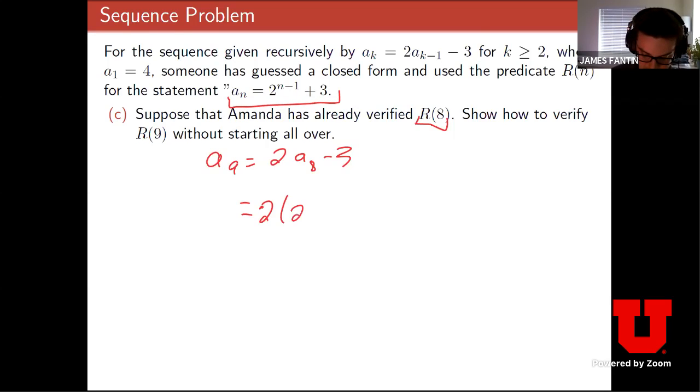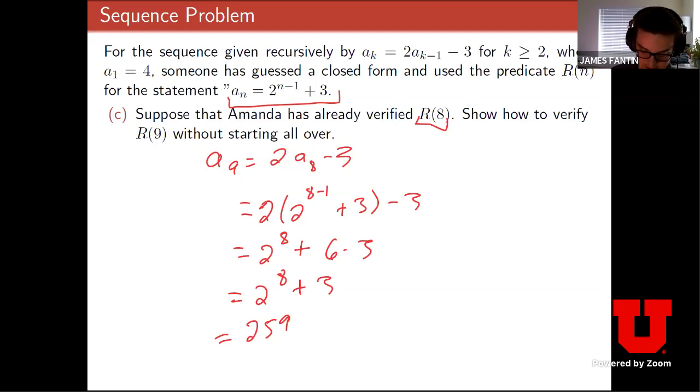So that's 2 times 2 to the 8 minus 1 plus 3, minus 3. And then we multiply out, so we get 2 to the 8 plus 6 minus 3, or 2 to the 8 plus 3. And if we did this again, we would get 259.